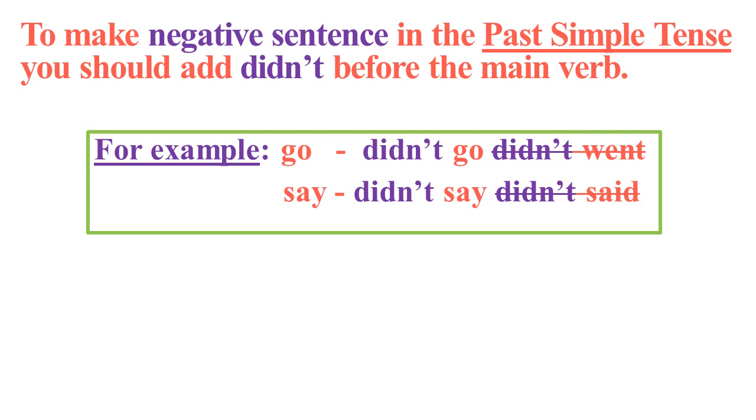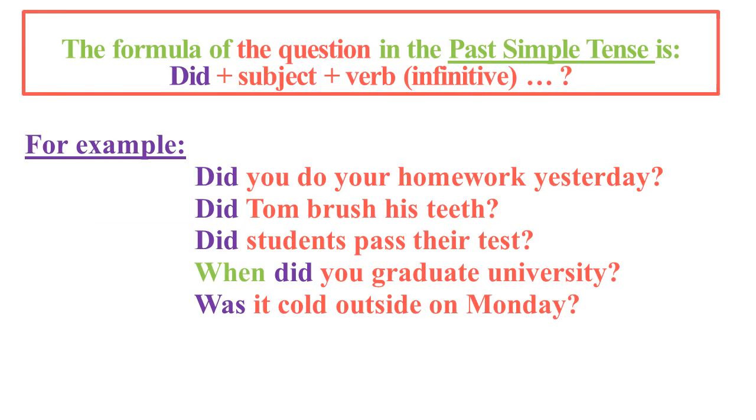These are negative past simple tense verbs, and we never change the main verb to the past form when making the negative sentence. So didn't went is not a correct version, or didn't said is a wrong formation.